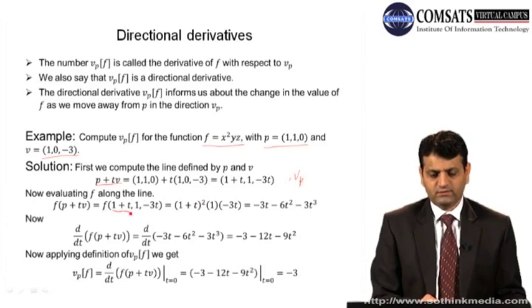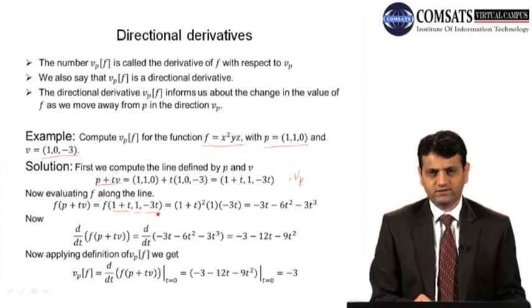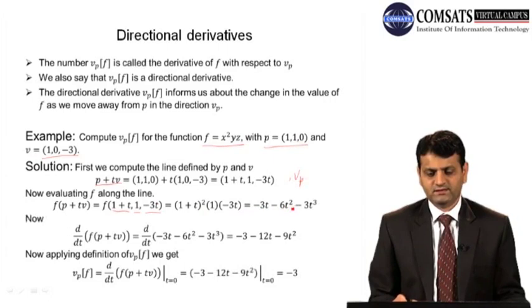The x coordinate is 1 plus t, the y coordinate is 1, and the z coordinate is minus 3t. So what is f of that? It's just x square yz, but we replace x with the x coordinate, which is 1 plus t, so 1 plus t squared, we replace y with 1, and we replace z with minus 3t, and we get minus 3t minus 6t square minus 3t cube.